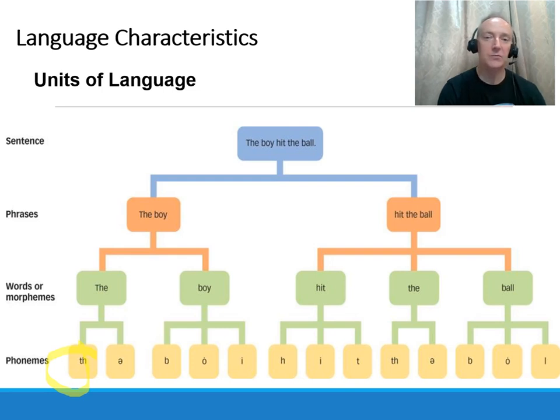So I know Spanish. So in Spanish, you have the phoneme represented by the N with the tilde that makes the ñ sound. There's no equivalent in the English language. We have the double L, which there's no equivalent of in English.